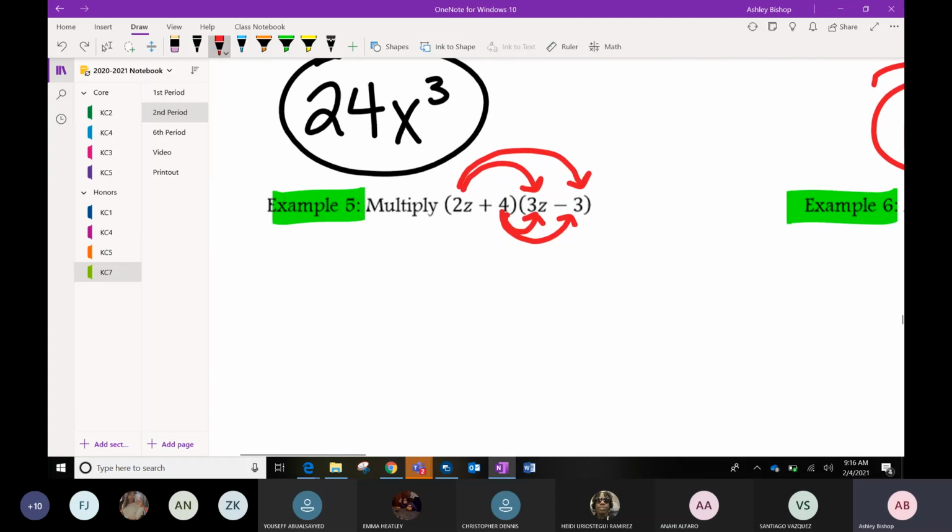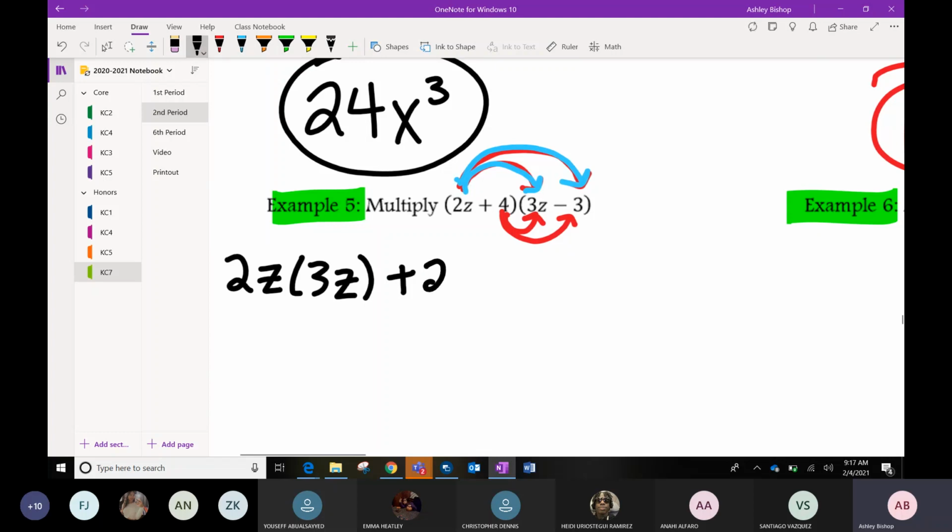So my first arrow said to take 2z and multiply it by 3z. I'm going to write it all out, 2z times 3z, and I'll clean up at the end. Then I'm going to add, you're always going to add in between these. Then I'm going to follow my second arrow. My second arrow said to take 2z and multiply it by -3.